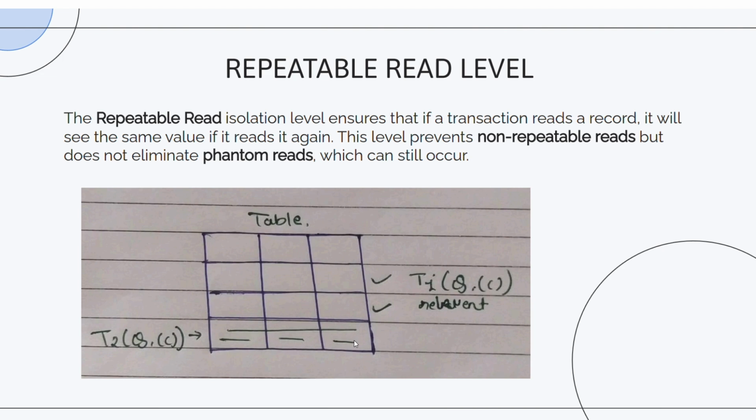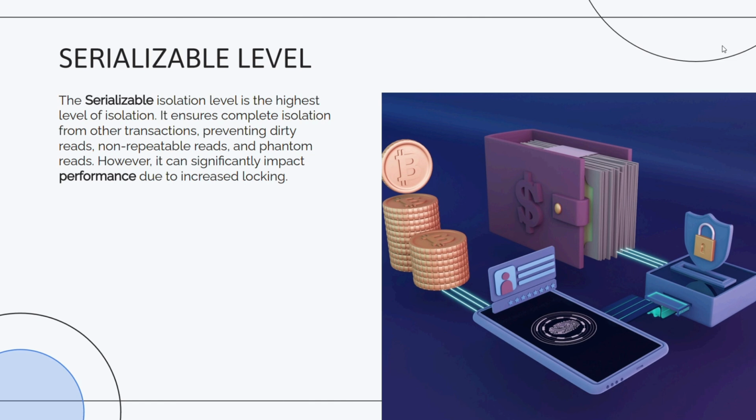After adding this new row, if we execute the T1 query again, the newly added row also appears in T1's result. This new row which has been created is called the phantom row.